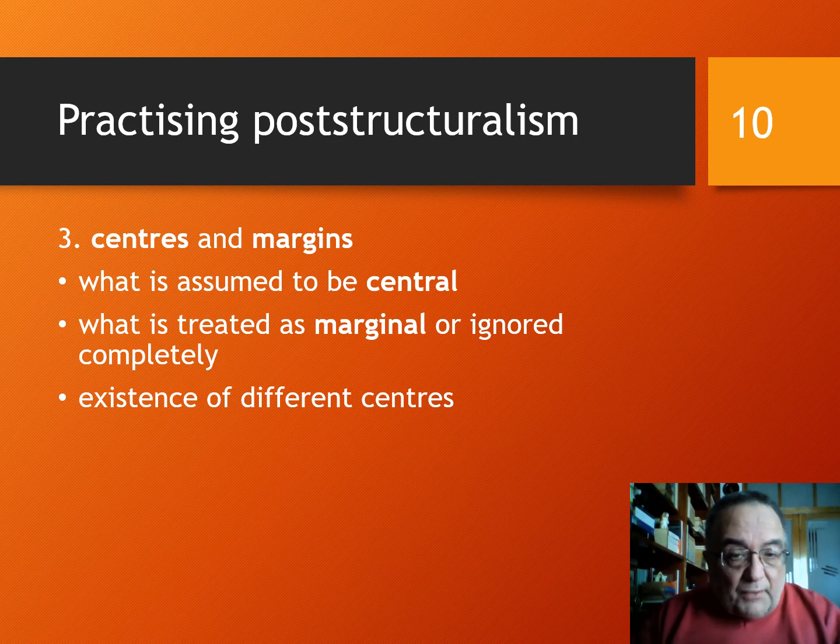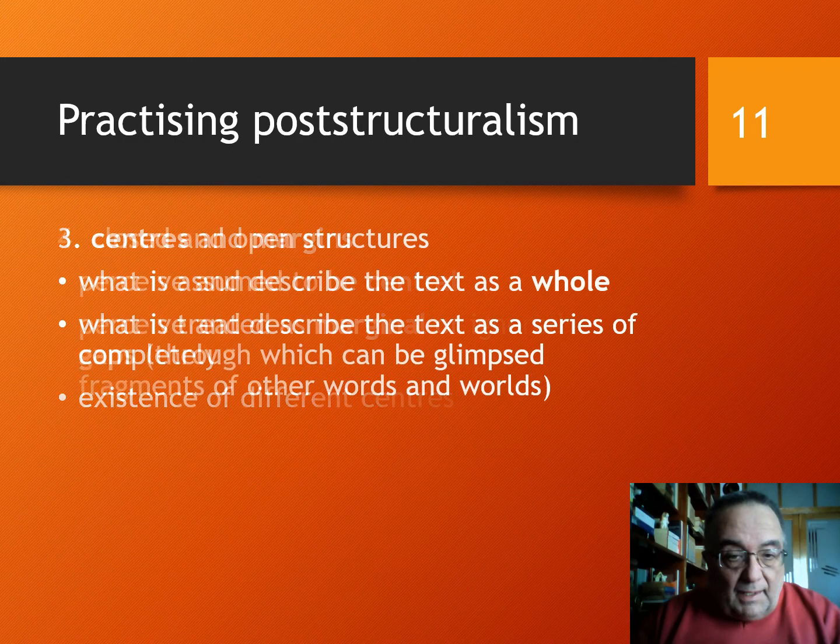And then, of course, if we talk about centers and margins, isn't it so that we have not only one center, but several, different ones? To what extent are these centers different? To what extent are these centers opposed to one another, if there are several of them?